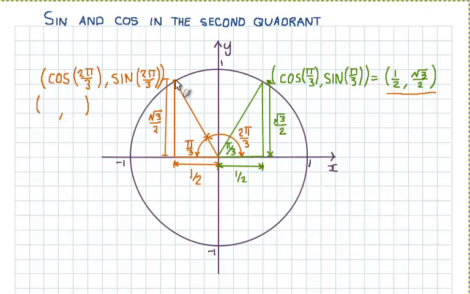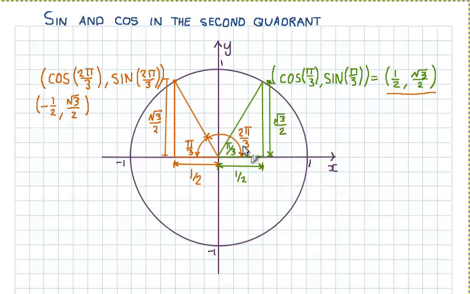So if we want to write the position of this point, it's 1/2 of a unit. However, it's on the negative side, so the coordinate is minus 1 on 2. And the y coordinate is root 3 on 2 away from the x-axis, and it's in the positive y region, so this one just stays as positive root 3 on 2. So that's our new coordinate.